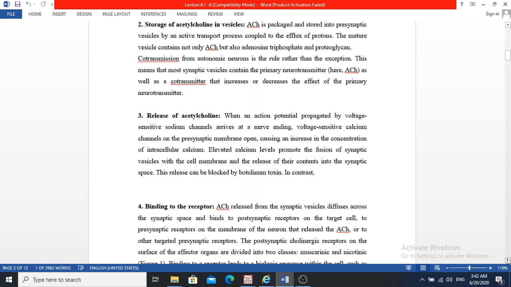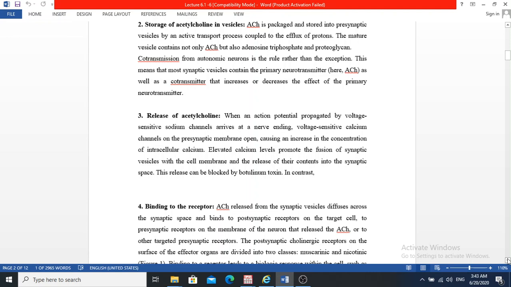This release can be blocked by botulinum toxin, which is used in many types of cosmetology.